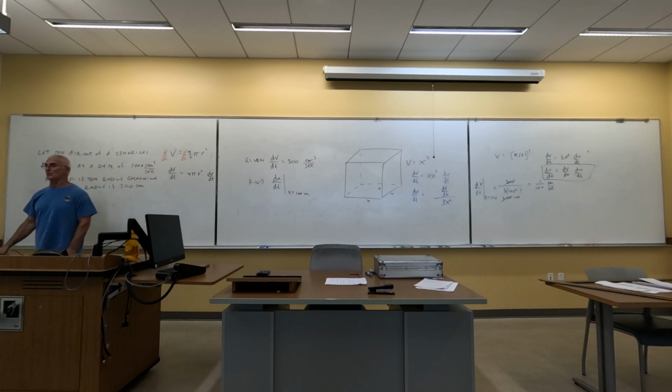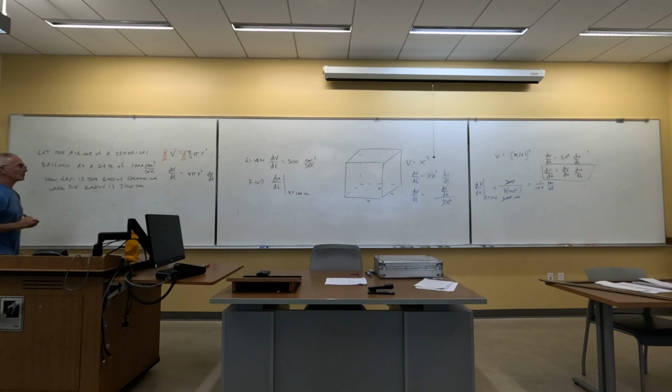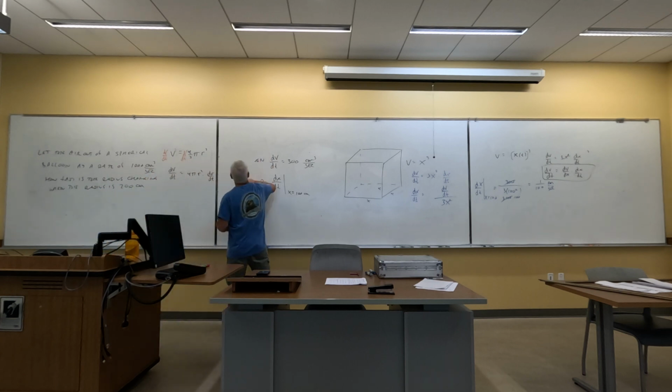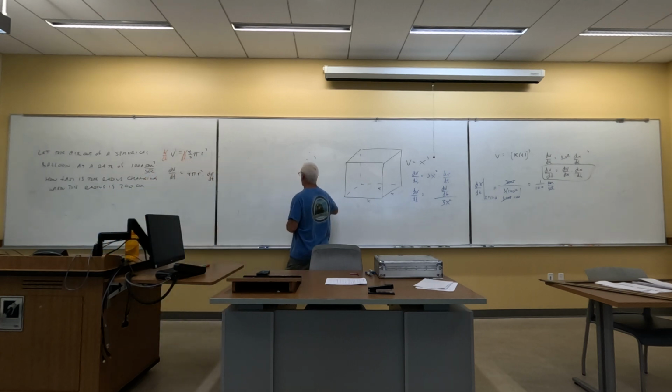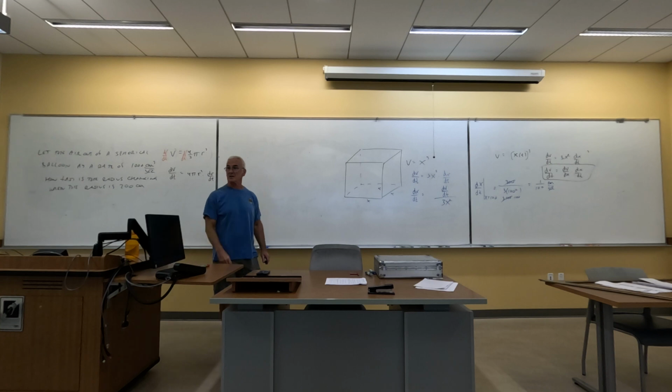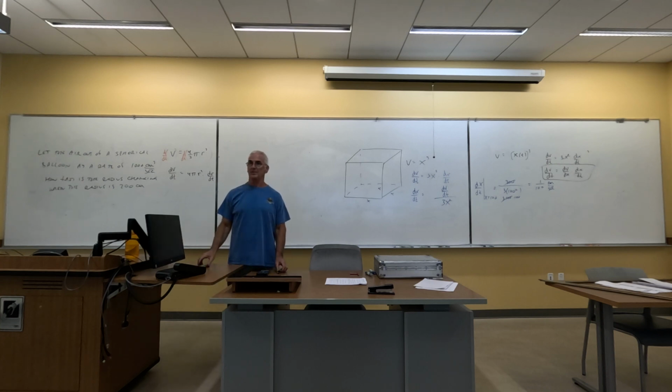I have two different rates in this problem. It is not possible for me to continue unless I was given one of these rates. Was I given one of these rates? Yes. Which one? dv dt. How do you know? You're right, but how do you know? Because of the units. Yeah, that's really all it comes down to. Now I'm going to do this one a little different than the last one.